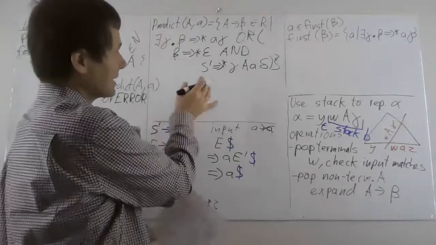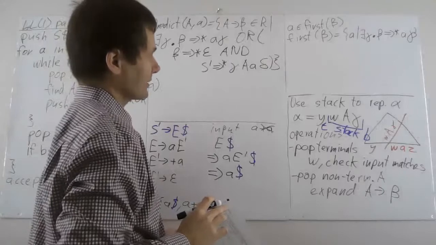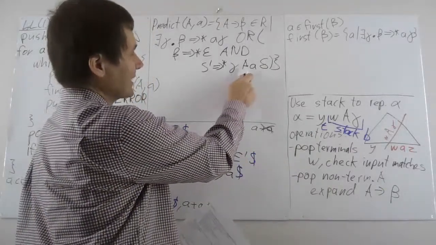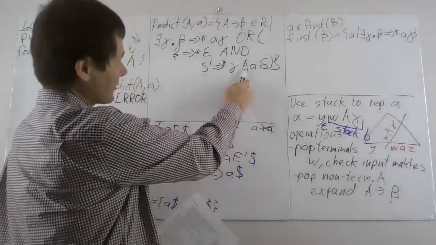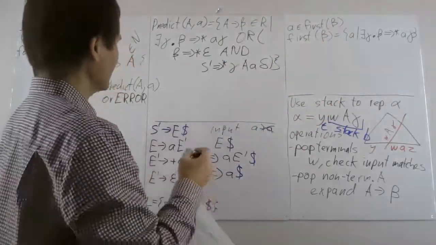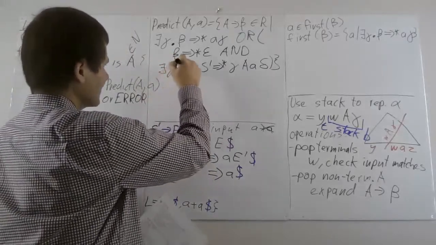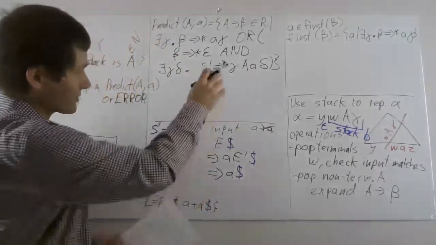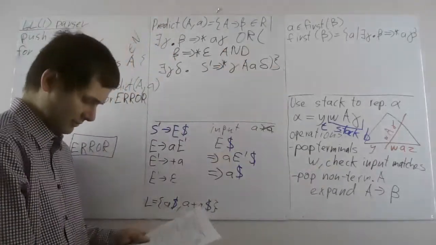All I'm saying is there exists some sentential form that has a little a in it, and if that's the case, then it's possible that the stack had a little a delta on top of the stack, and I pop off A, replace it with beta, beta turns to nothing, and then the stack has little a. So I'm going to say there exists gamma and delta such that the start symbol derives something that has a little a with a gamma before it and a delta after.